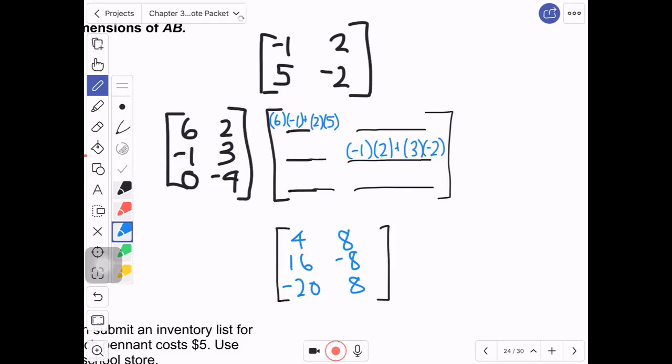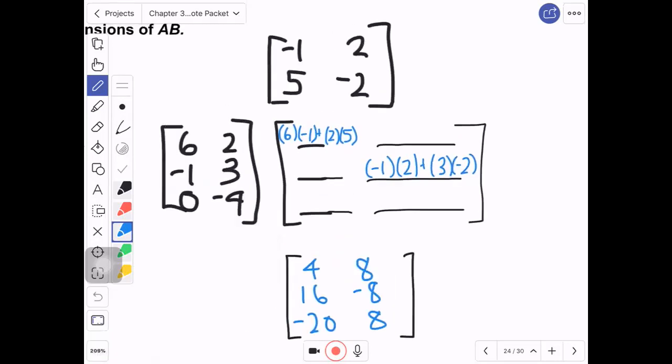Riley? Yeah, the second. So we're taking this row and this column and multiplying them together. So Riley, could you tell me what numbers we're going to multiply together? Would you multiply 6 by 2 and then 2 by -2? Exactly.